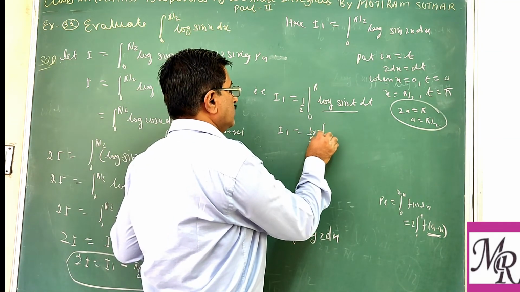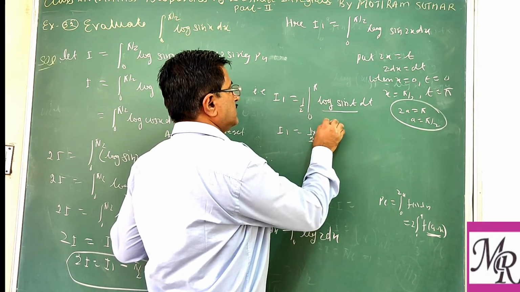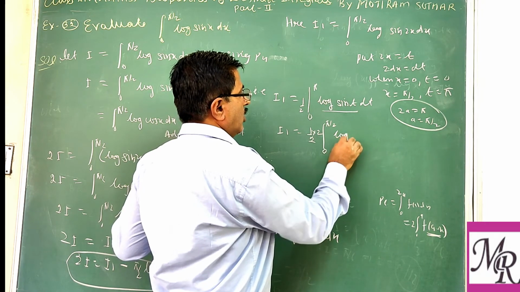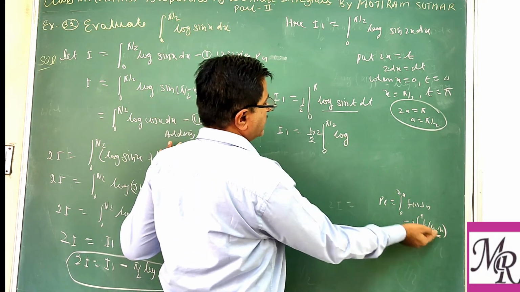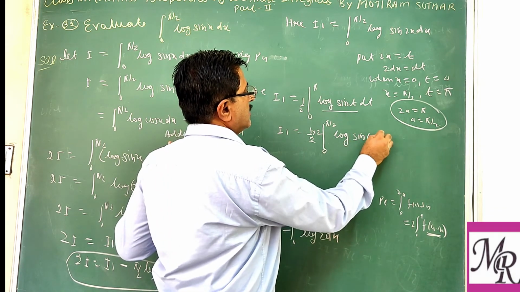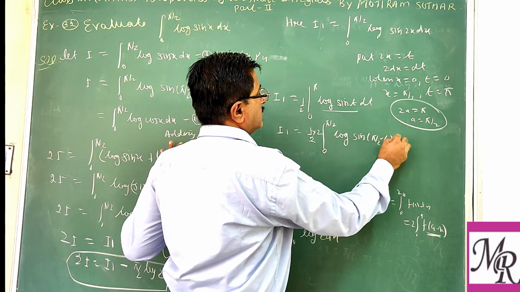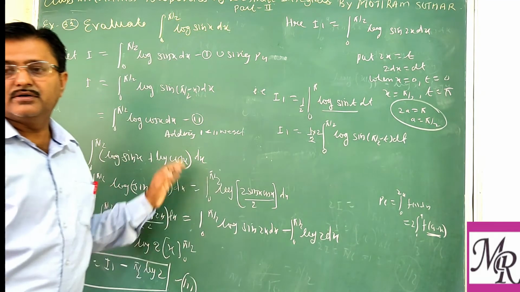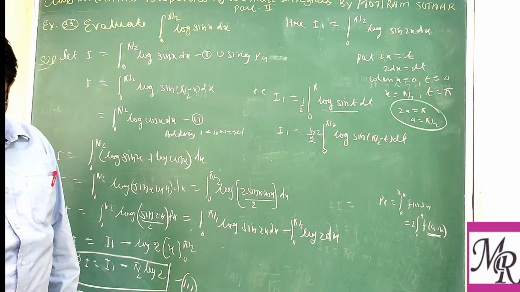So here, twice means 2 into integral 0 to a, where a is pi by 2, of log of the function with a minus t, so sin of pi by 2 minus t dt. In this way you can write.